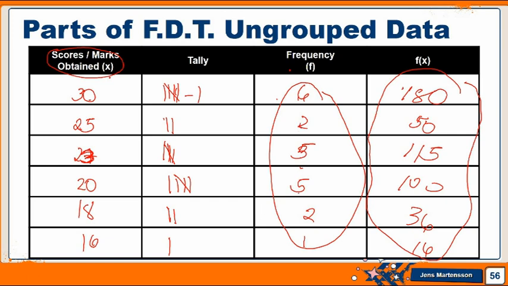Plus 5, 13. Plus 5, 18, 19, 20, 21. 21 divided by 2 is 10.5. So, hanapin mo yung pang 11. 6, 7, 8. Mag-fall si 11 dito, so ang median mo is 23. Mode yung pinakamarami. We have 6, so the mode is 30. So, that's all for this video.